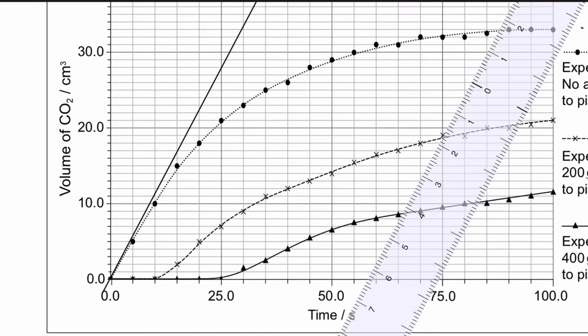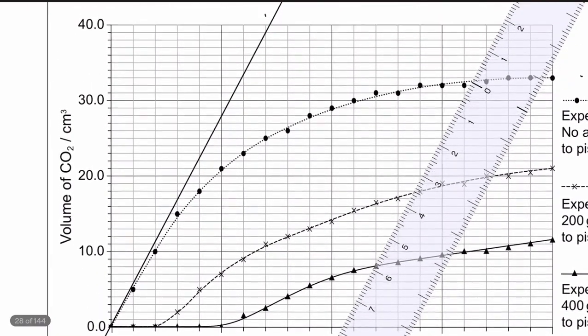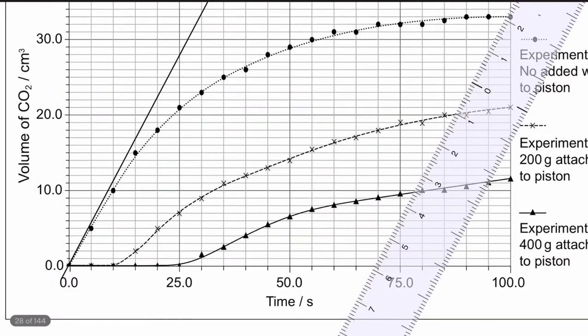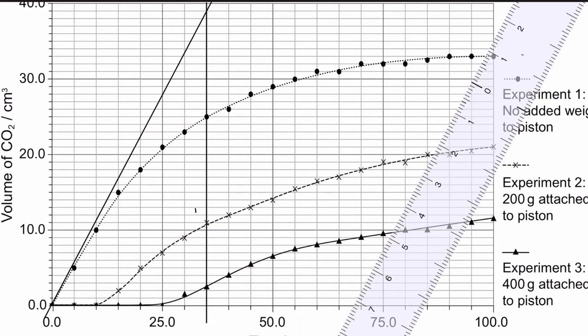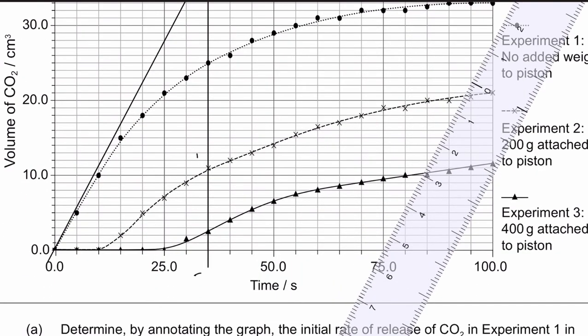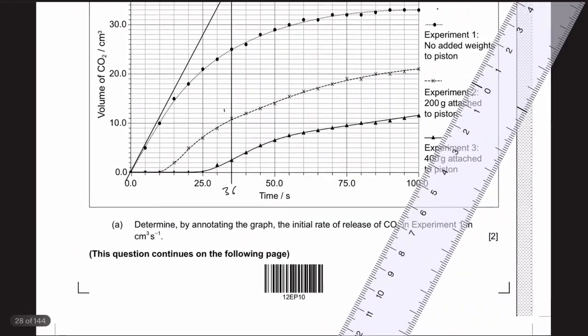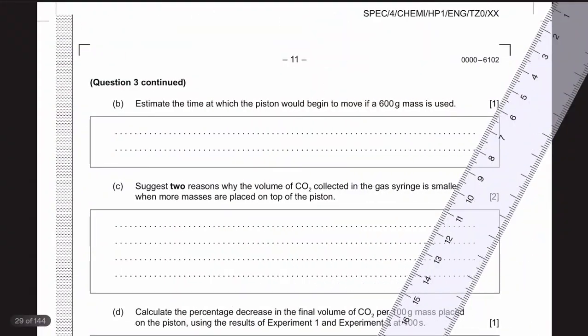Okay, what does that give us? So 40 and whatever's here. 30, 35. 35. So, do we have a box here? No?